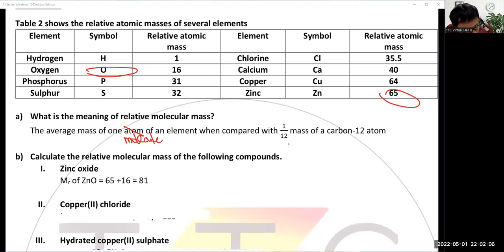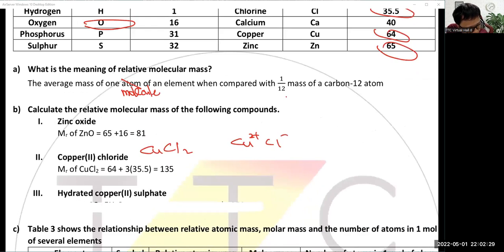Copper(II) chloride is CuCl2. Because Cu is 2+ and Cl is minus, the formula is CuCl2. Cu is 64, chlorine is 35.5, so it will be 135.